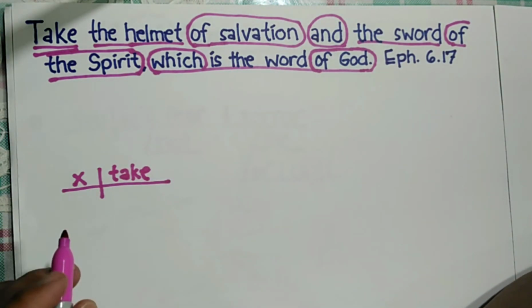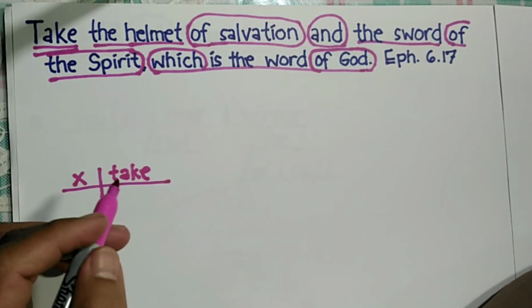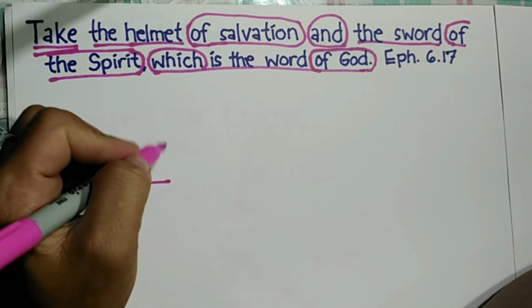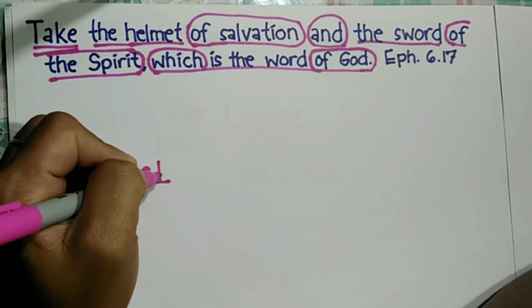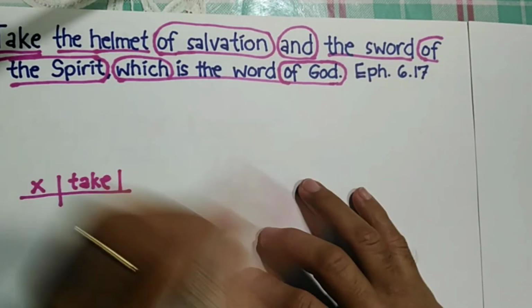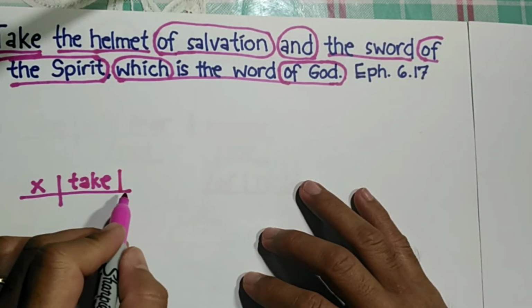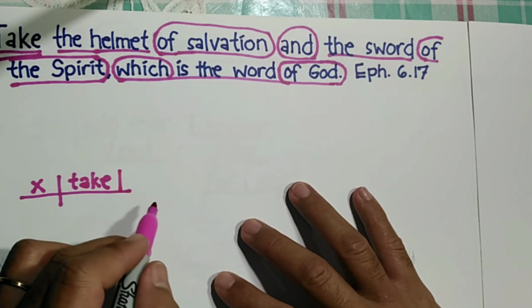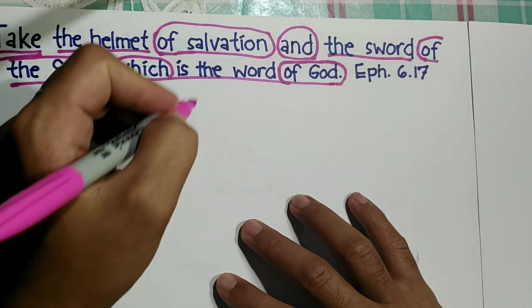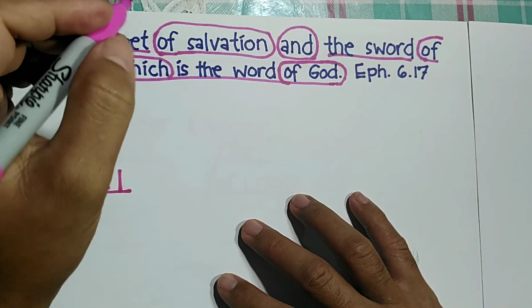So helmet and sword. Since we have two direct objects, I will put a bar line like this, signifying that after that bar line, it's already the direct object. So I'll make first the helmet of salvation.